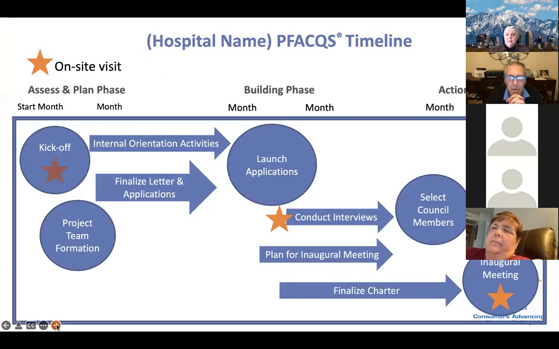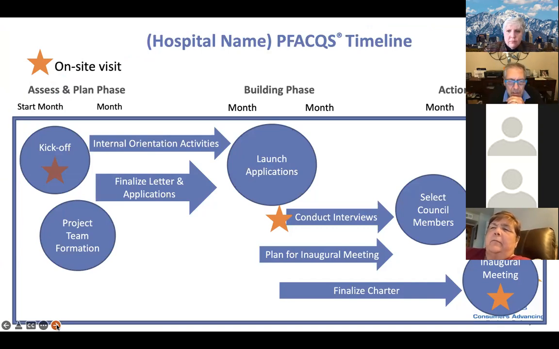At H2PI, the Healthcare and Patient Partnership Institute, we built this particular timeline. You'll notice that we call our PFAC a PFAC on QNS, because we really prefer an organization-established PFAC on quality and safety versus just patient experience.